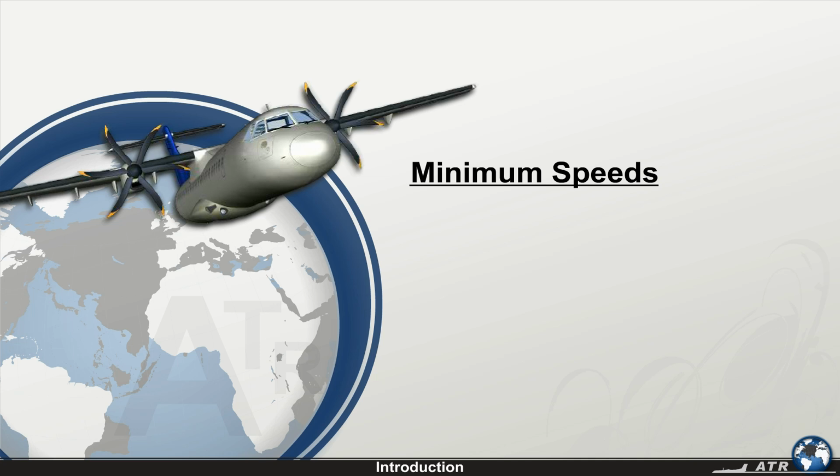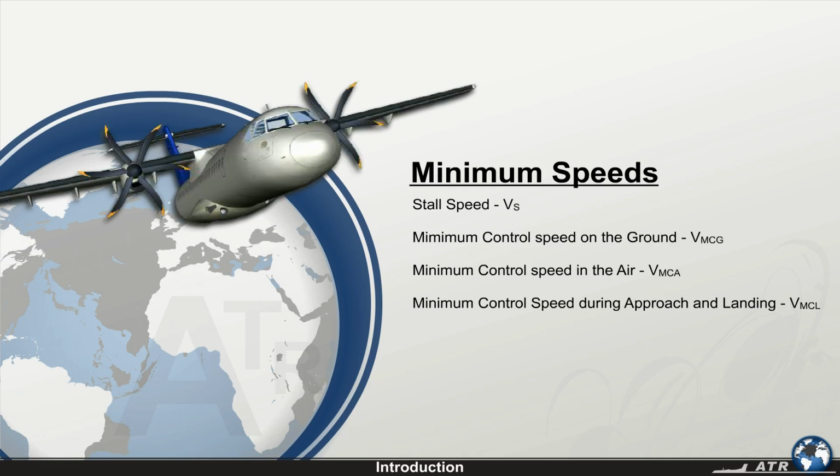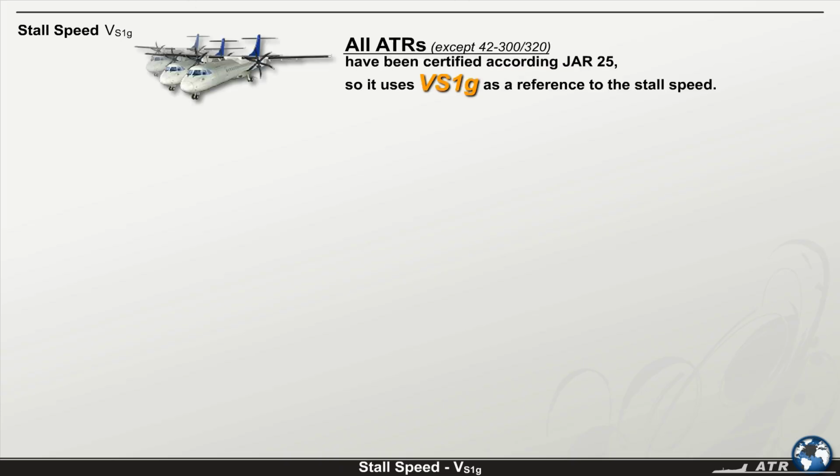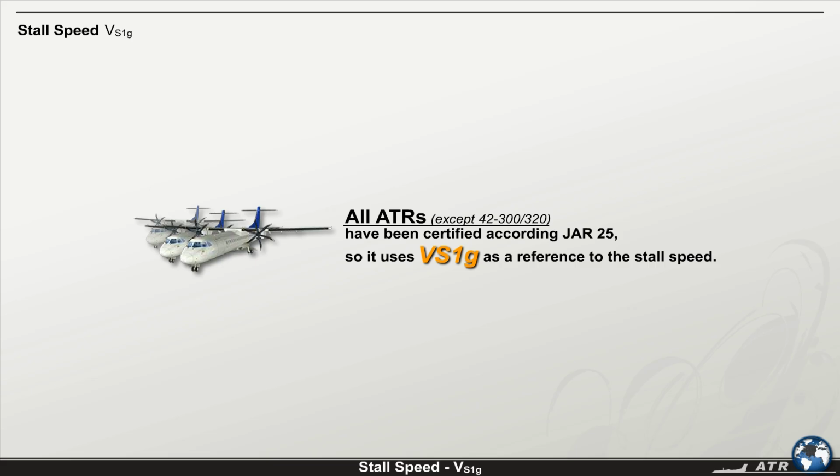Let's continue now with the meaning of the minimum speeds. First, the stall speed VS1G. All ATRs except the 42-300, 320 have been certified according to JAR 25, so it uses VS1G as a reference to the stall speed.